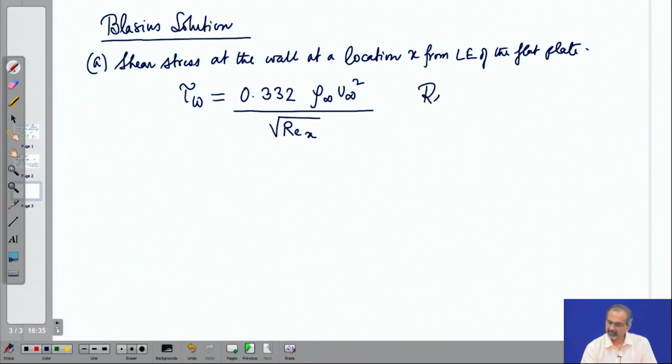Remember that Rex is basically the local Reynolds number. That means, at a distance x from the leading edge, if you calculate the Reynolds number, that is what it comes out to be, Rex. It is based on this length scale.